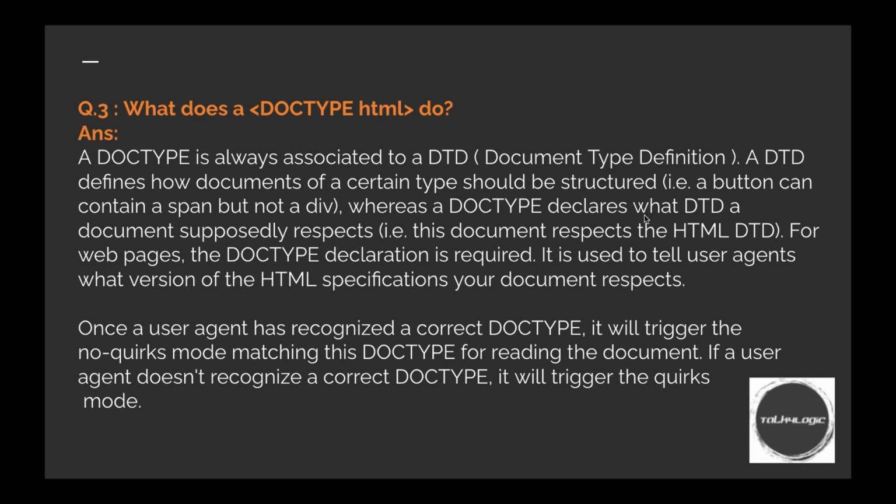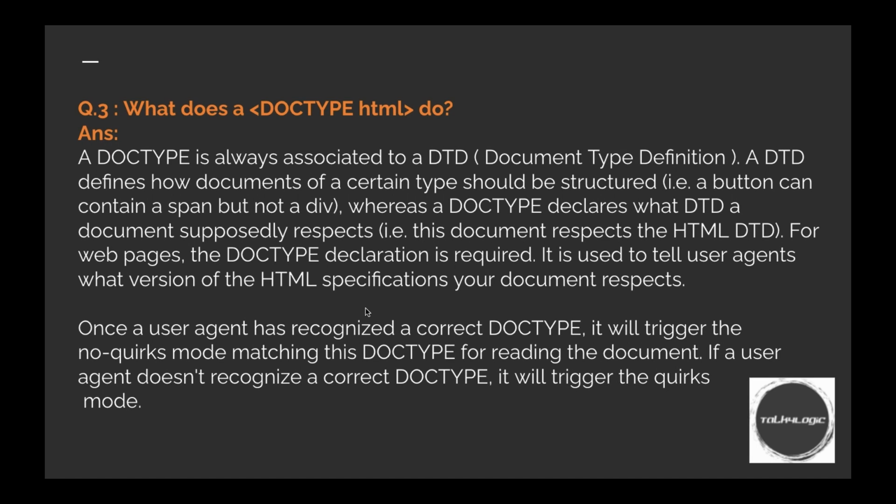Whereas a doctype declares what DTD a document supposedly respects, that is, the document respects the HTML DTD. For a web page, the doctype declaration is required. It is used to tell user agents what version of the HTML specifications your document respects.